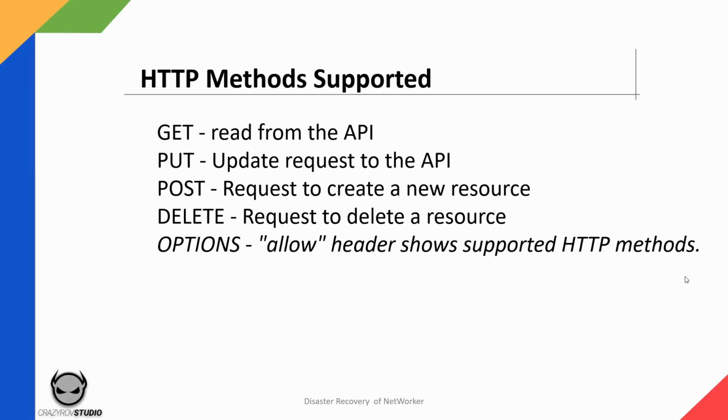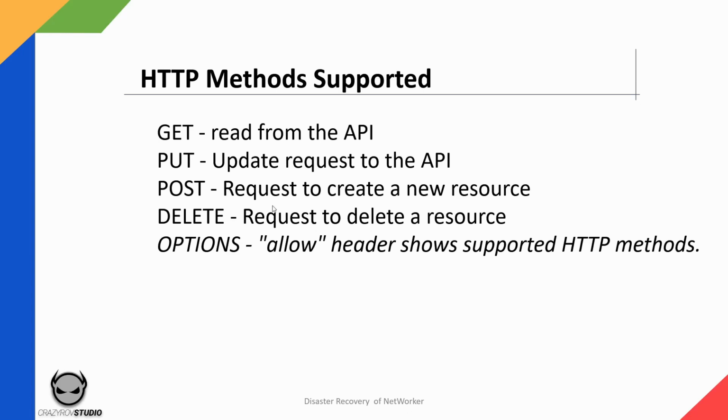Next, let's take a quick look at the HTTP methods that are supported by the NetWorker API server. If you are not aware of what exactly an HTTP method means, an HTTP method is the type of call that is made to an API endpoint, depending on what kind of transaction needs to take place.